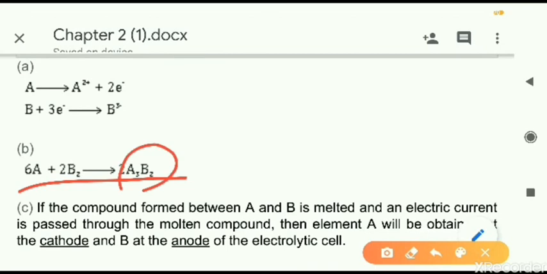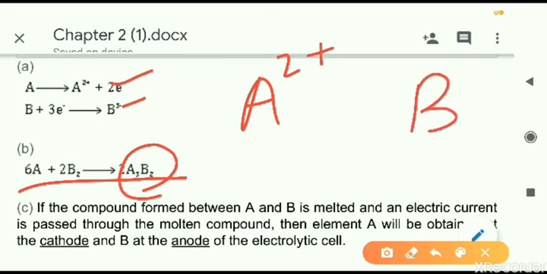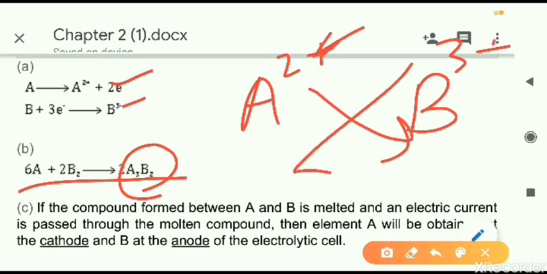How does the compound A3B2 come? Just now we have seen A forms a 2+ ion, that means the valency of A is 2. Similarly, B forms 3-, that means the valency of B is 3. If you transpose this, signs are not required, you can find the formula is A3B2.